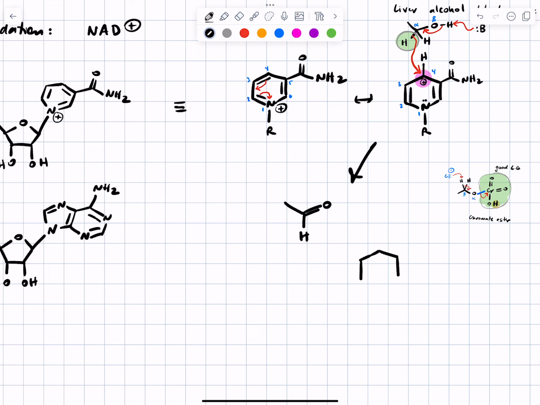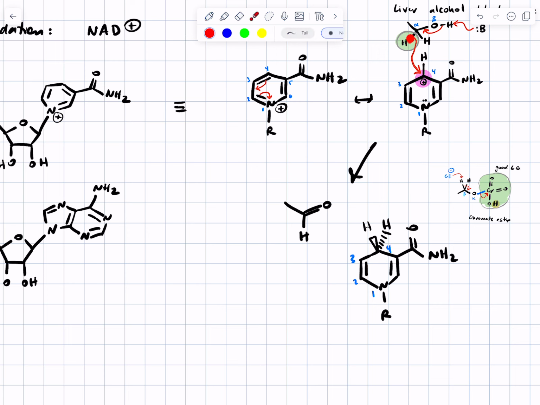And then what we have over here, where we used to have NAD plus, we now have NADH. In other words, one of these two protons that's now attached to carbon-4 of the nicotinamide group came as H minus from the aldehyde.